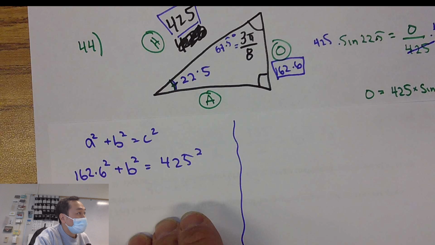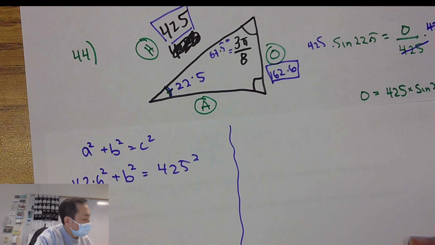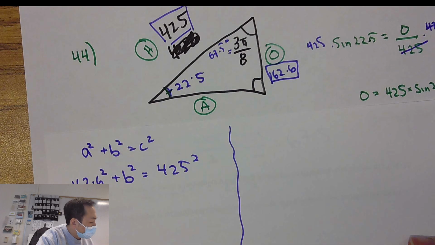So here I have 425 squared. I am using my calculator. Oh, you know what? Sorry. Before I even touch my calculator, I'm going to solve for B. I'm going to subtract 162.6 squared.